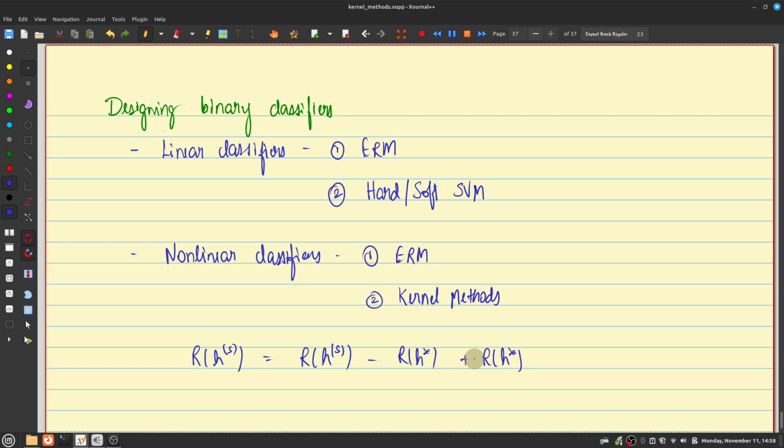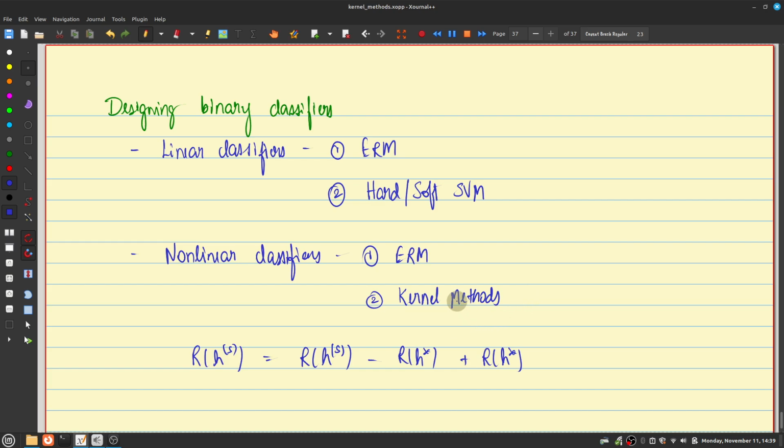So linear classifiers aren't going to cut it for many problems of interest. So you need to go to non-linear classifiers. But so far, the only algorithm that we know is ERM, right? We don't know of any efficient algorithm to train a non-linear classifier so far. And that is where kernel methods can help.